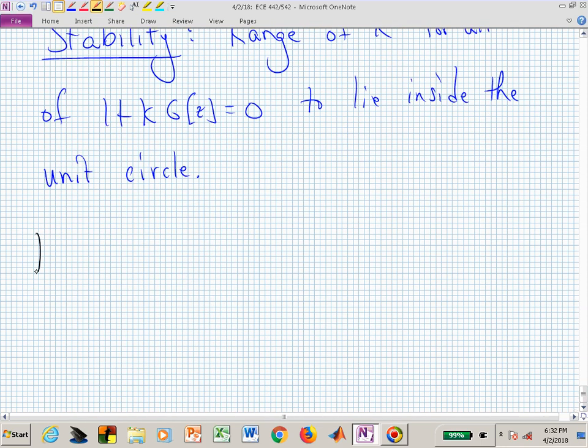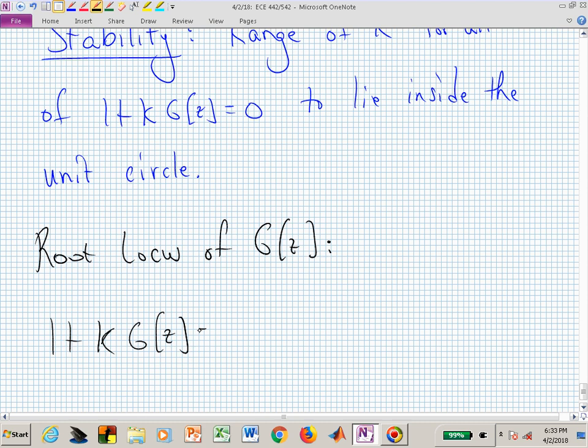So the root locus of G of Z is actually what we're after. And that is 1 plus K G of Z equal to 0. We want to find the values of K that satisfy this equation.